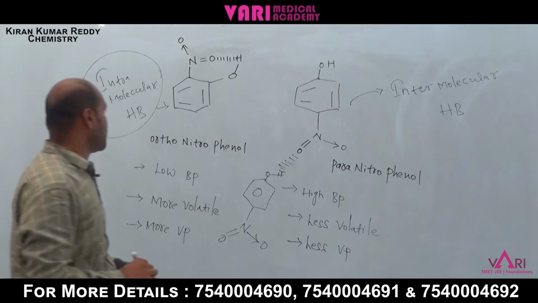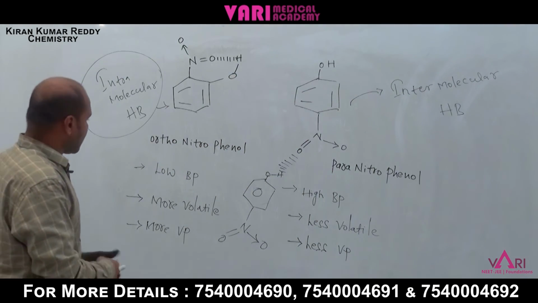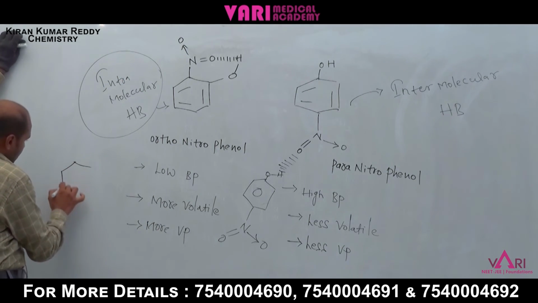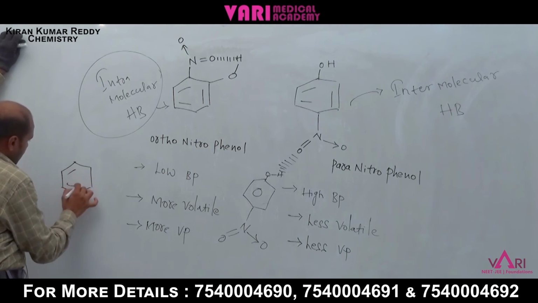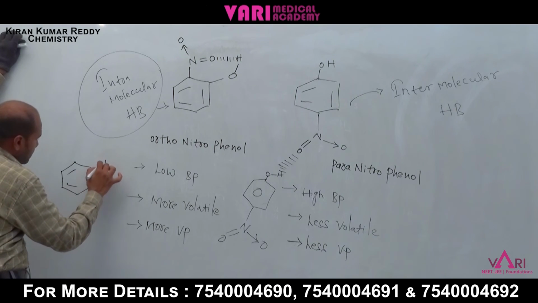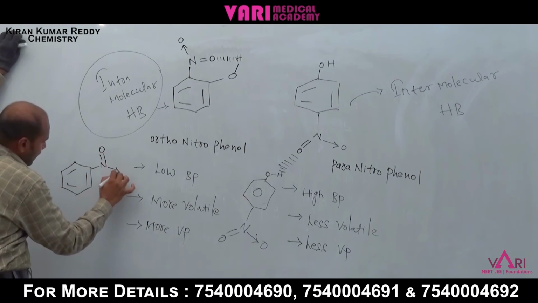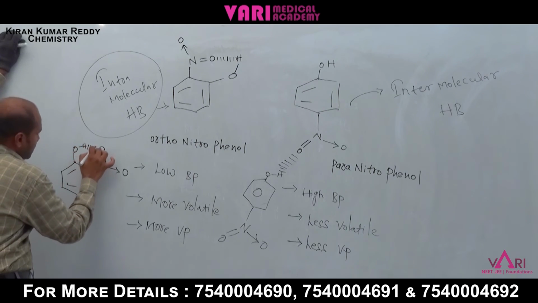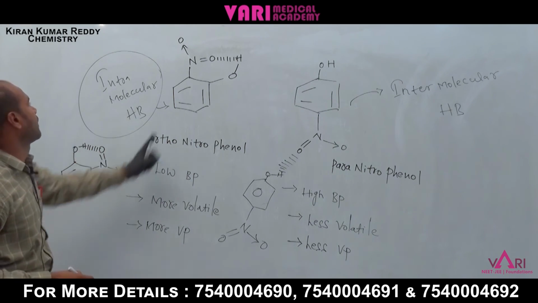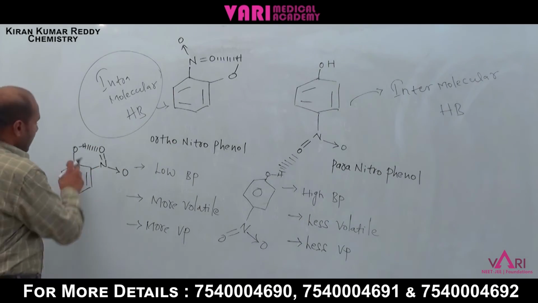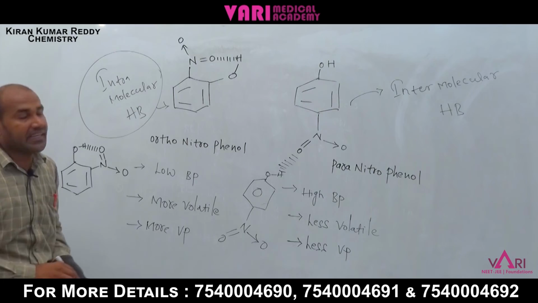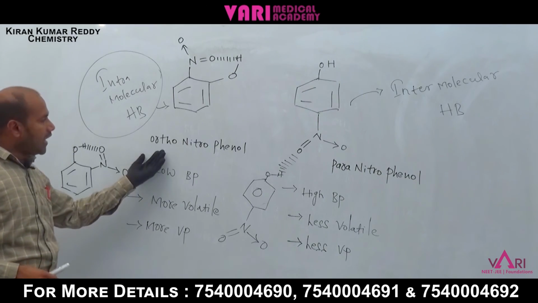Please don't confuse orthonitrophenol, we can write it like this also. At the ortho position the nitro group is present, N double bond O, here is oxygen, here is OH, and this is hydrogen bonding, intramolecular, no problem. This is an example of intramolecular hydrogen bonding within a molecule.